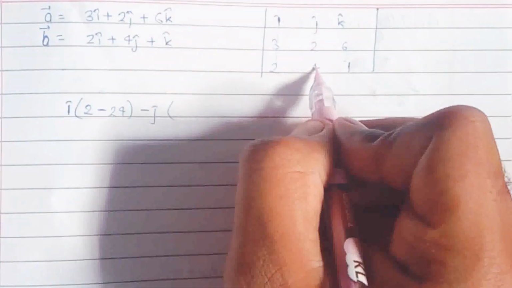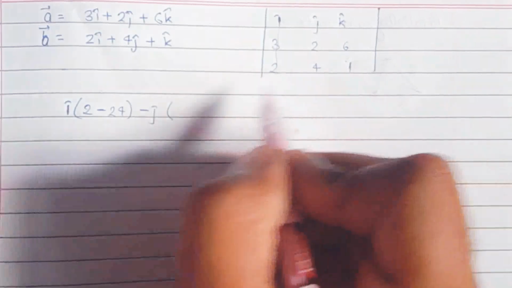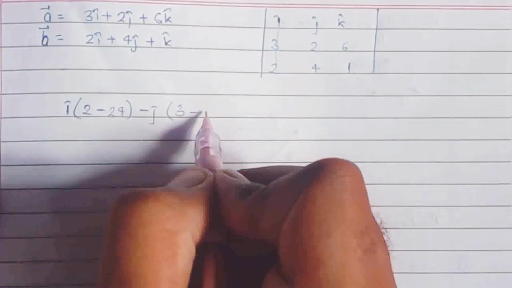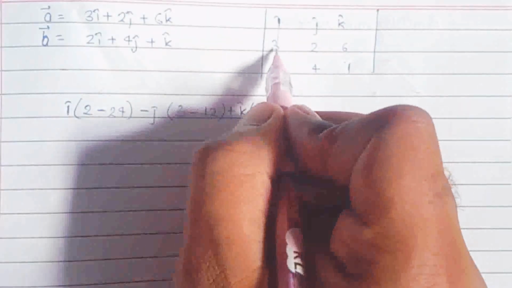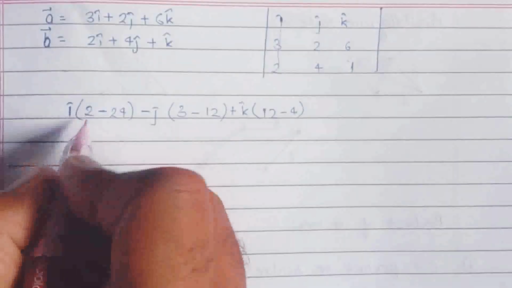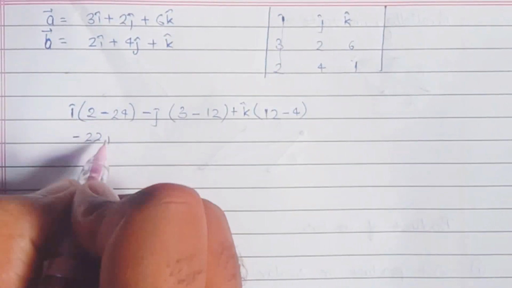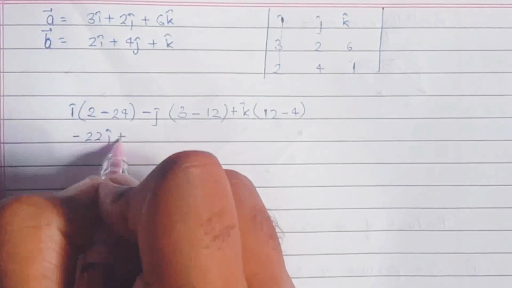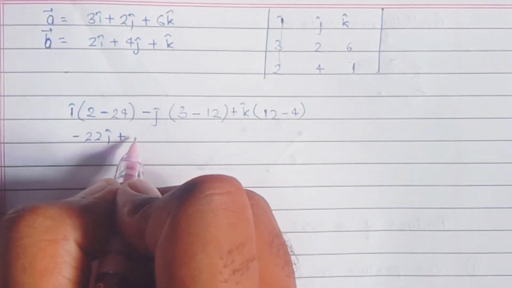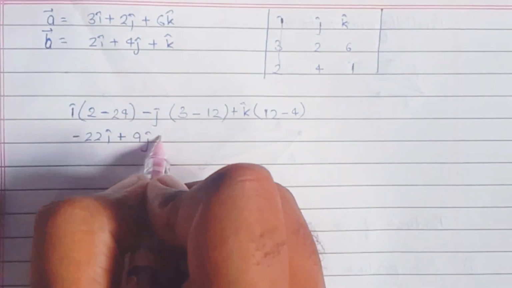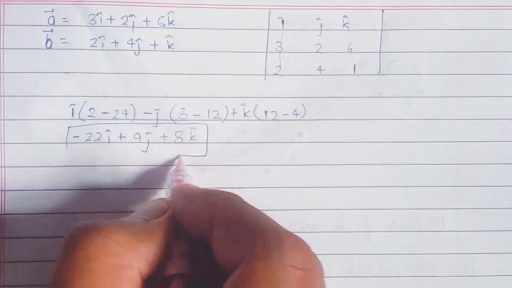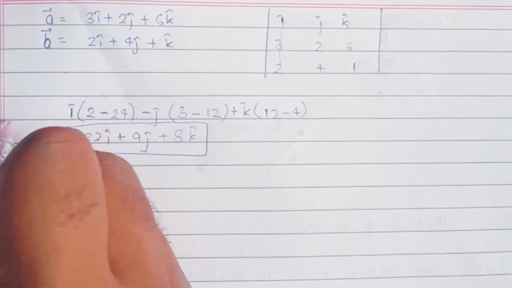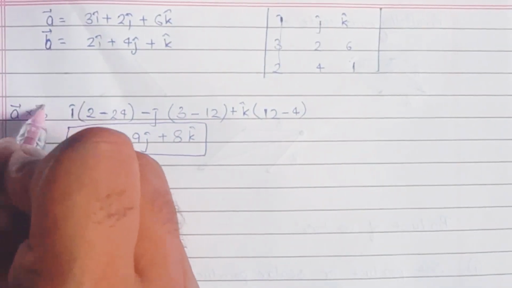You have to remove this column and this row: 3 minus 6 into 2 is 12, plus k cap into 12, 3 into 4 is 12, minus 4. So this is minus 22 i cap plus 9 j cap plus 8 k cap. So in this way you can find the cross product. This is a vector cross b vector.